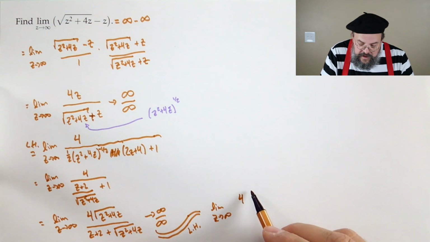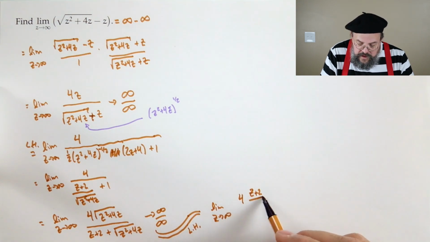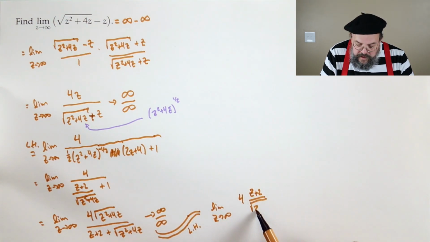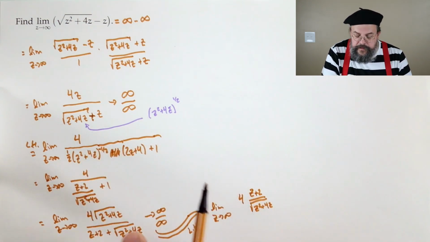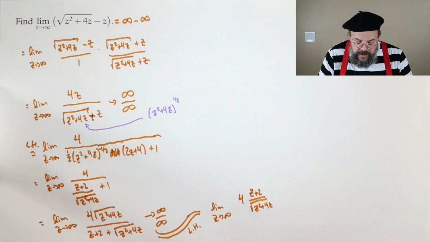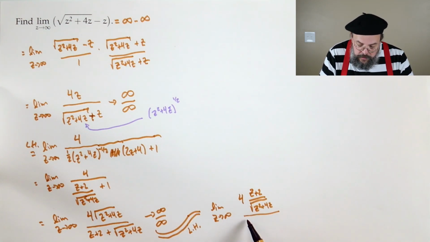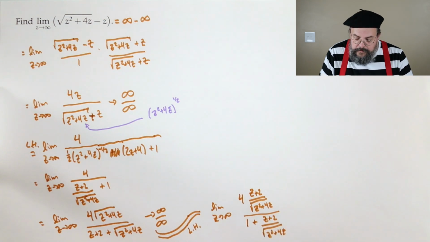So it becomes z plus 2 over the square root of z squared plus 4z. That's what that part becomes. It's right there. All right, divide that by, downstairs, 1 plus z plus 2 over the square root of z squared plus 4z.